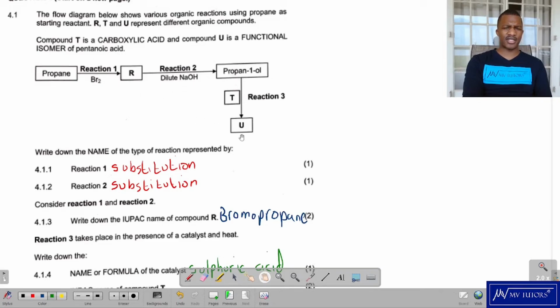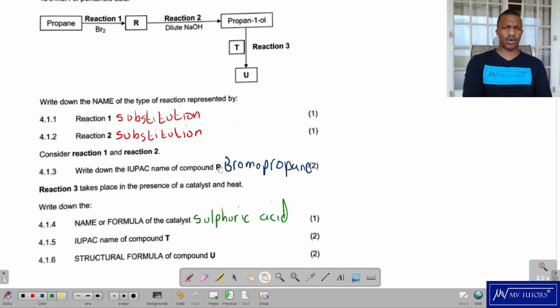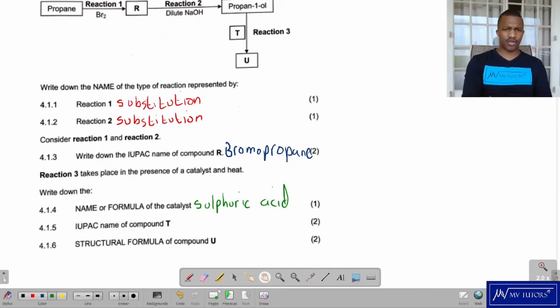So pent is 5 C's. So in order to get 5 C's from 3 C's, it means we have to add 2 C's, and 2 C's, remember, is what we call eth. Okay, and because it's an acid, then it becomes ethanoic acid.